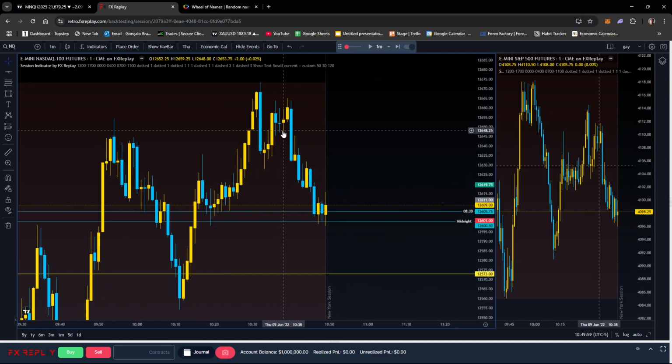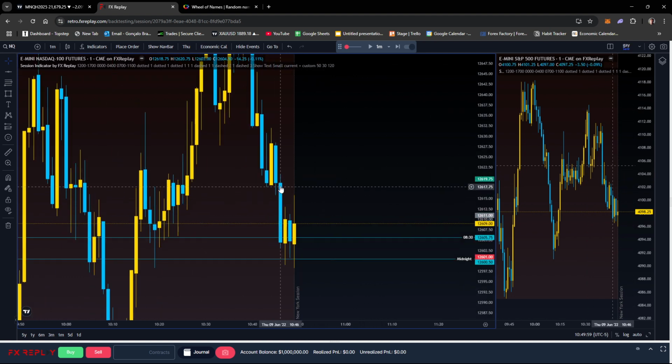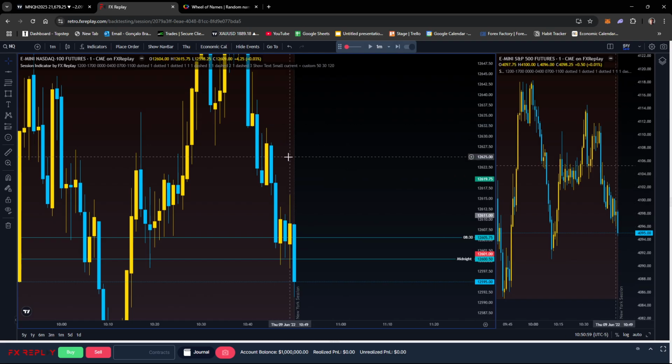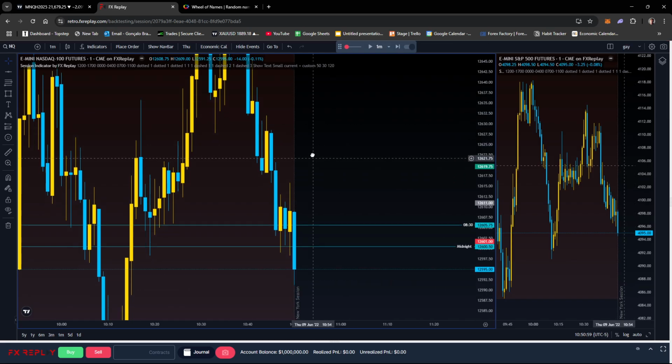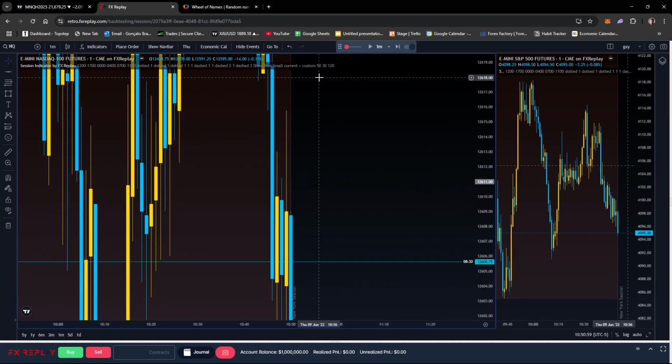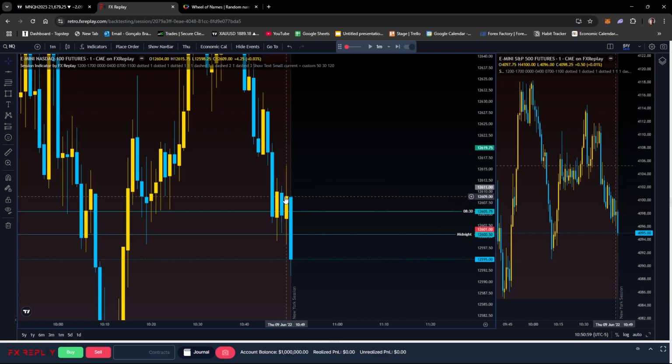Okay, I'm really going to need some form of SMT here, which we do. Got bearish SMT. So yeah, we can look to sell. I just missed that.